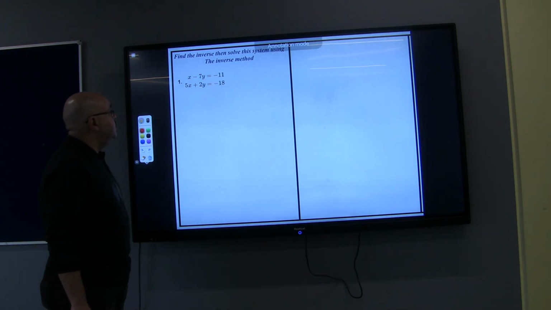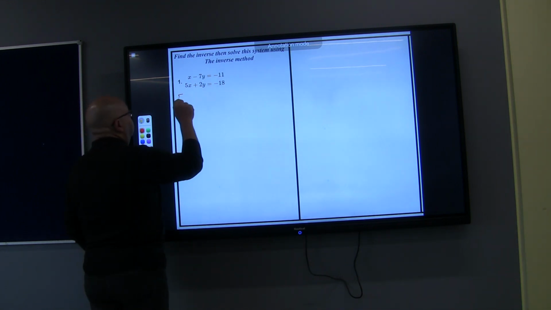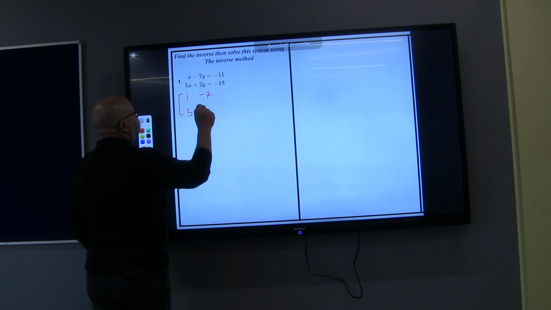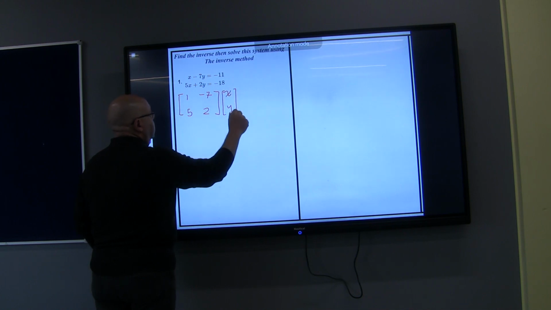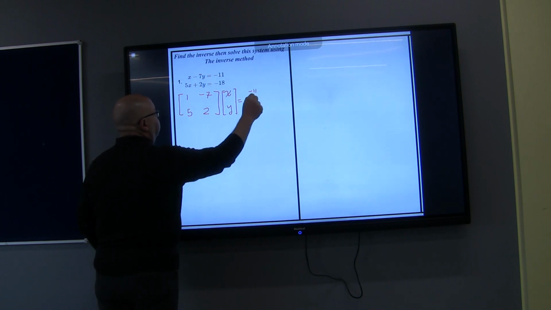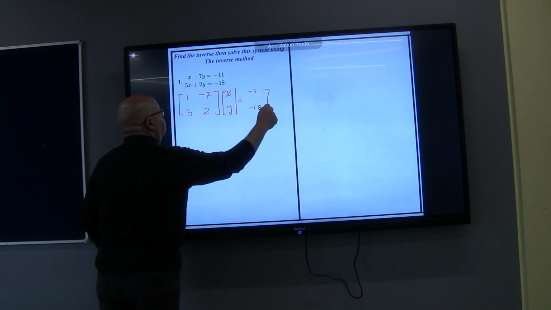If I put the system in matrix form, it's going to be like this: 1, 5, negative 7, 2, and still you will have x and y, and this is going to equal negative 11, negative 18.